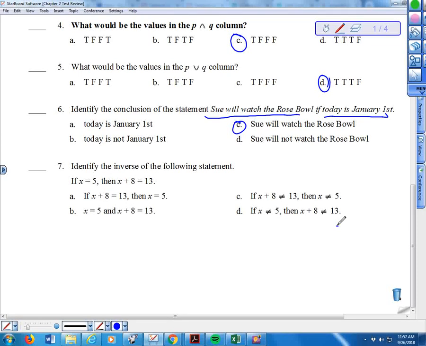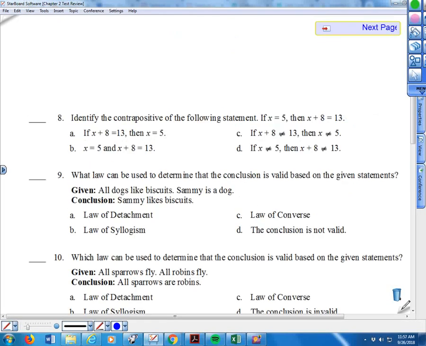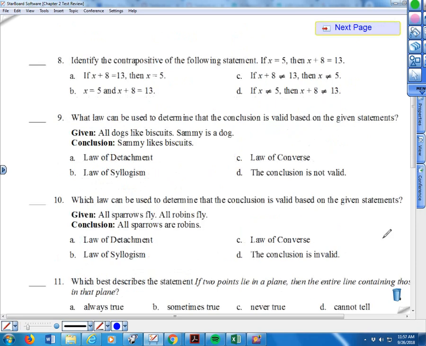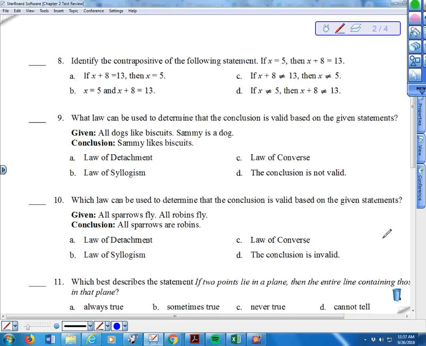So it would be if x plus 8 is not equal to 13, then x is not equal to 5. This is the original statement, and this is the converse. Identify the contrapositive. So if x plus 8 is not equal to 13, then x is not equal to 5. Flip them, make them both negative.